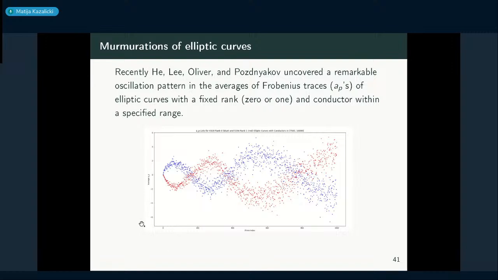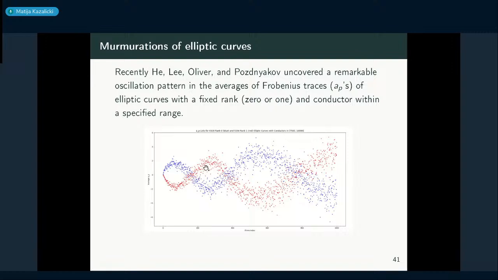On the x-axis, you have primes up to 1000. Blue dots represent the averages of AP if you only look at the curves of rank 0, while the red dots represent the averages of AP in this family of elliptic curves in the specified conductor range, but with rank 1.